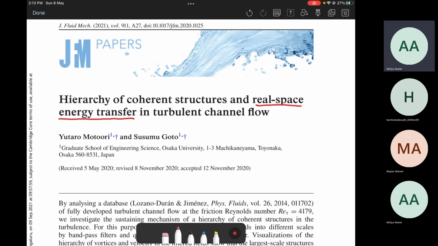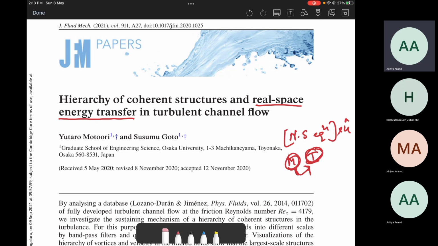So if you remember the Navier-Stokes equation in spectral space, and if you multiply this equation with the velocity u itself, you'll get an energy equation. Now again, if you decompose into mean and turbulent, you'll see that there is an energy transfer happening from mean to turbulent energy, which is essentially the production of turbulent kinetic energy.